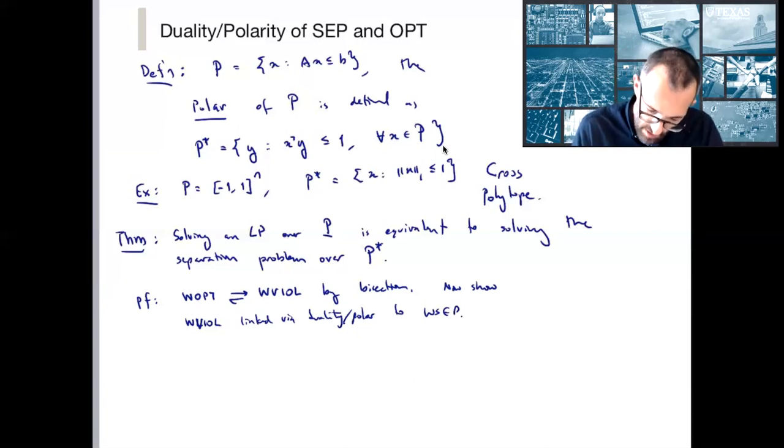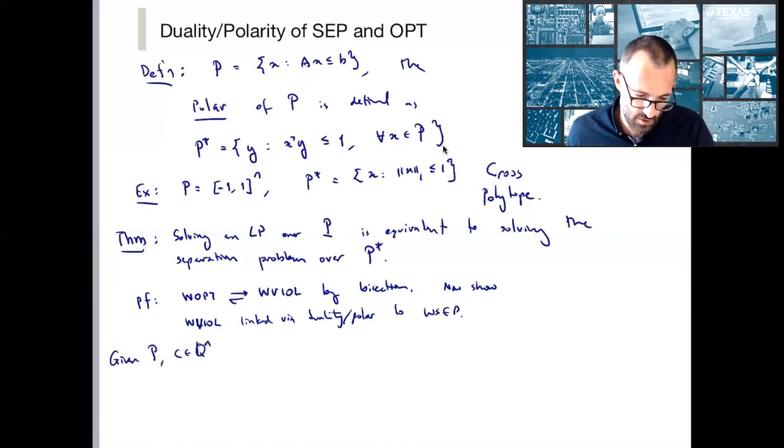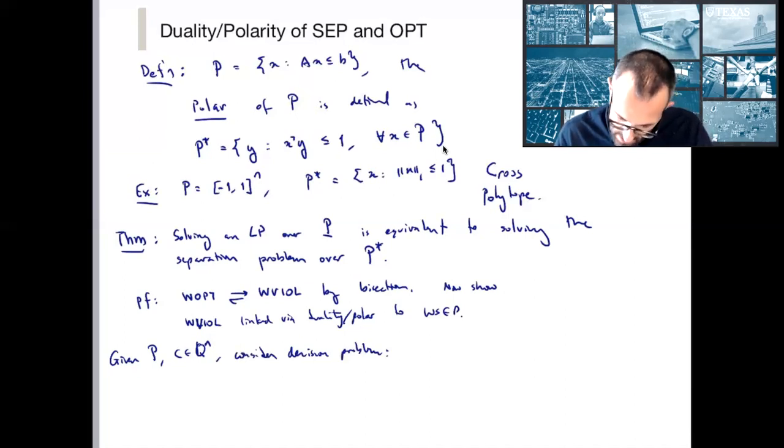So the idea is the following. If we're given P and my rational vector C, let's consider the weak violation problem, in other words, the decision problem. We want to know: is max of C transpose X subject to X in P less than gamma?